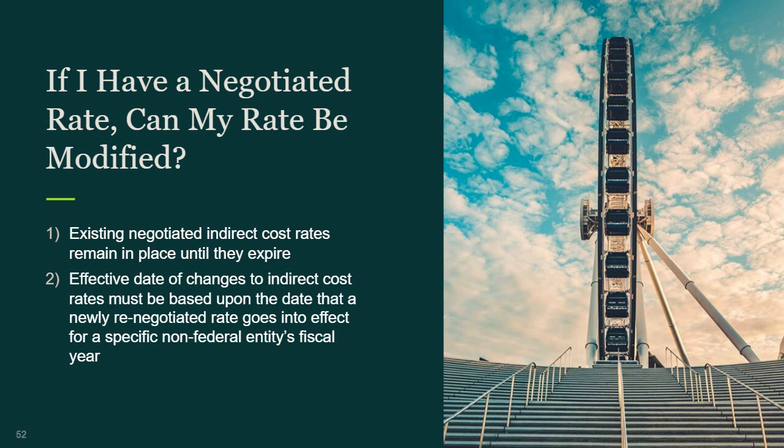We did get a question in the chat: if our grant says we initially applied at 10%, and at some point we've now negotiated a rate, do we go back to whoever awarded the grant and say, we have this negotiated rate, can we use this? You can notify them that you do have a negotiated rate.